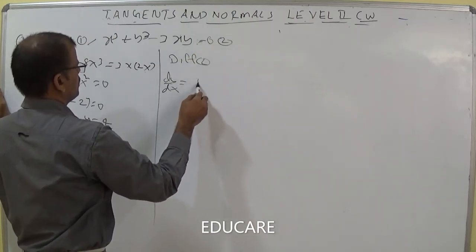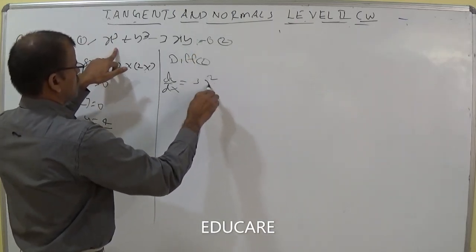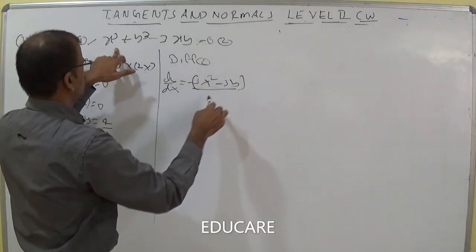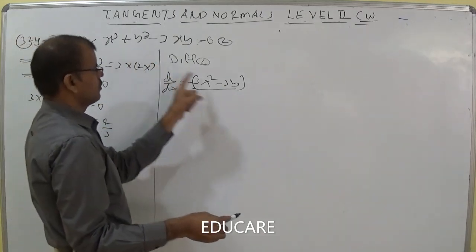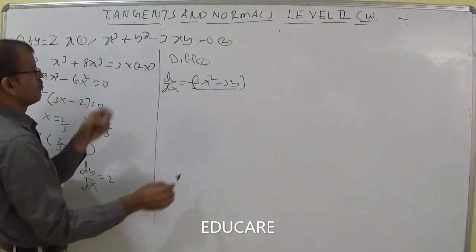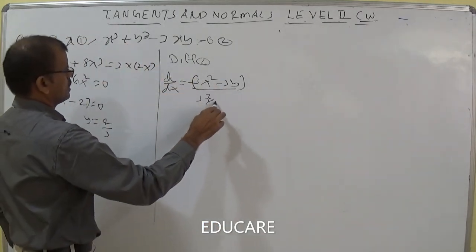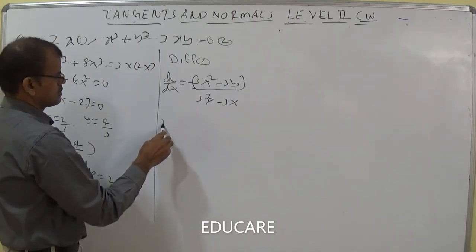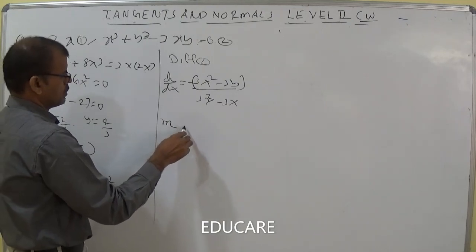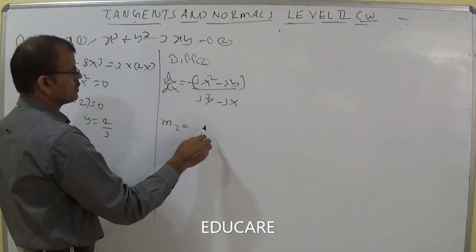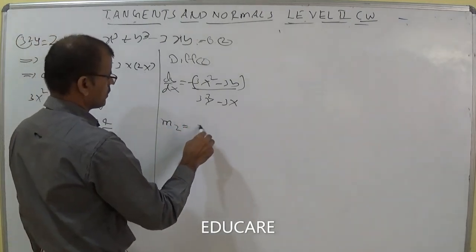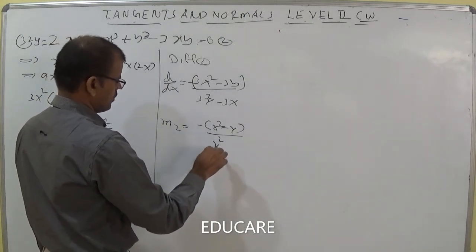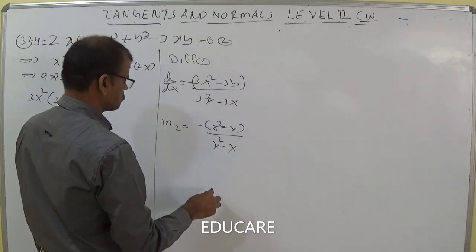Dou f by dou x is 3x square minus 3y, and dou f by dou y I am writing as 3y square minus 3x. 3 gets cancelled. Slope m2 is equal to minus, taking 3 common, x square minus y by y square minus x.